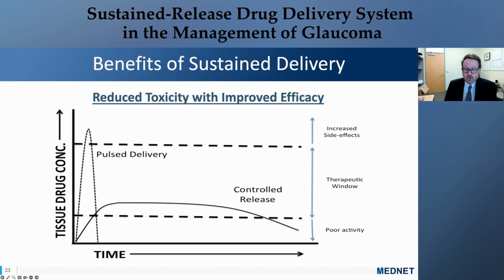Now, the concept of controlled release or zero order release is that you deliver the drug, and because the formulation is released slowly over time, you're able to have drug levels within the eye that are within the therapeutic window for days, weeks, months, potentially even years, without having toxic levels and without requiring repeated administration. So that's really the benefit of controlled release.